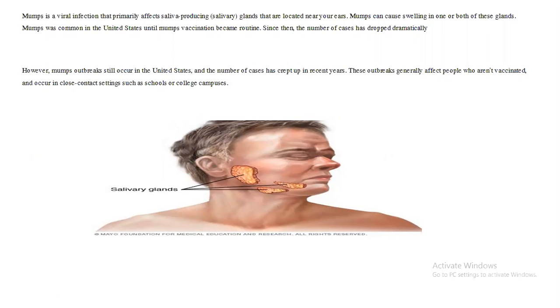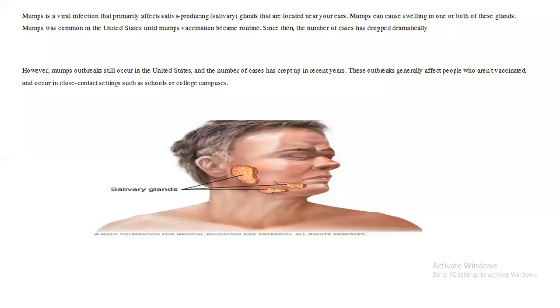Mumps is a viral infection that primarily affects the saliva-producing salivary glands that are located near your ears. Mumps can cause swelling in one or both of these glands. Mumps was common in the United States until mumps vaccination became routine.